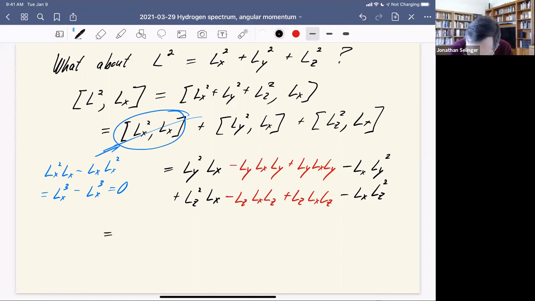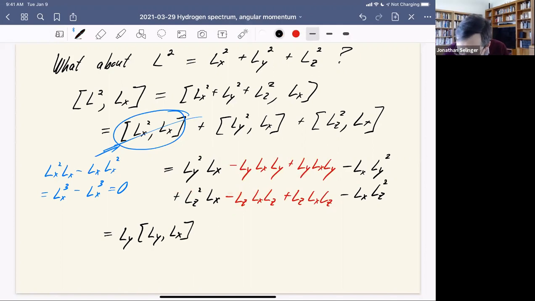In the first pair of terms, I'll factor out an Ly in the front, then the commutator of Ly with Lx.